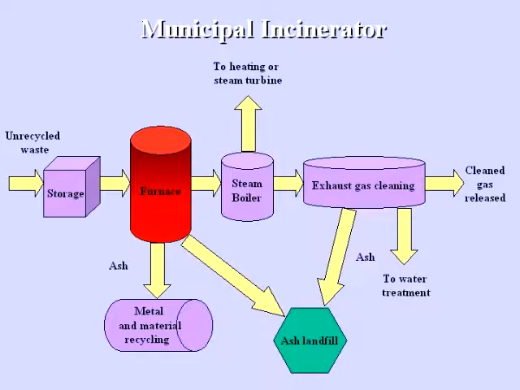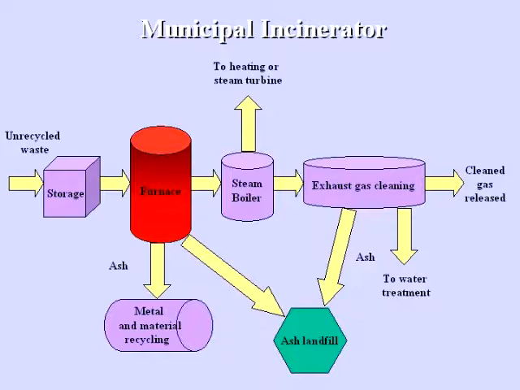And the steam that's generated can be used either to heat buildings, or it could be used to turn a turbine and generate electricity. Waste from the furnace, the ash, can go to an ash landfill, and also things like metals can be recovered and recycled.